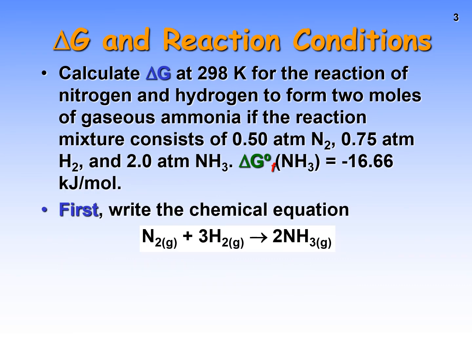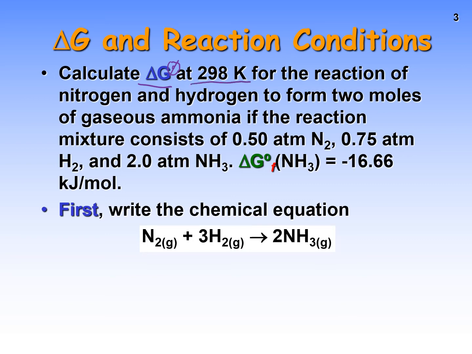So let's do a problem. Let's say we want to calculate delta G specifically. Notice no little circle here. It's not there. Now we're calculating delta G under non-standard conditions. So you need to be looking out for that delta G naught value. If you don't have this little circle there, then that means something important.